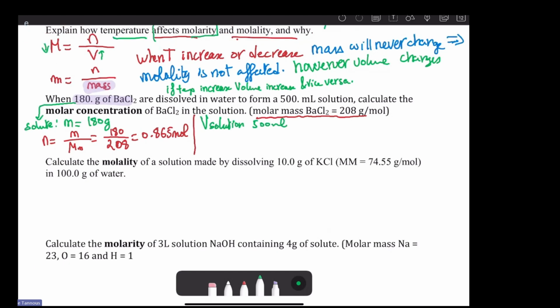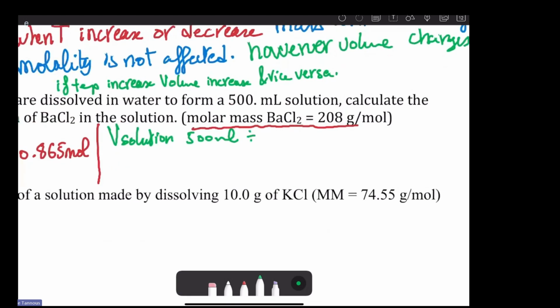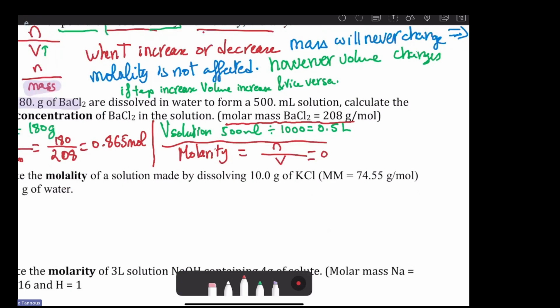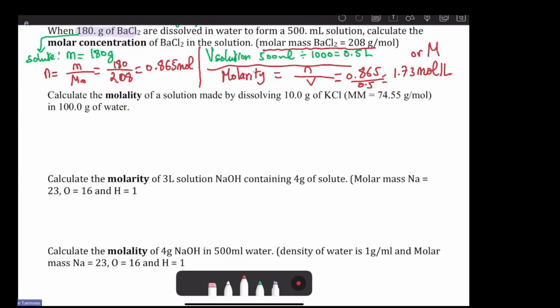Calculate the molar concentration. In the molar concentration, the volume needs to be in liter. So I always divide by 1000 if it was not given to me in liter. And now to calculate molarity, it is the mole over the volume. It is 0.865 over 0.5. And the answer is 1.73 mole per liter, or you can simply say capital M. Never forget the unit.